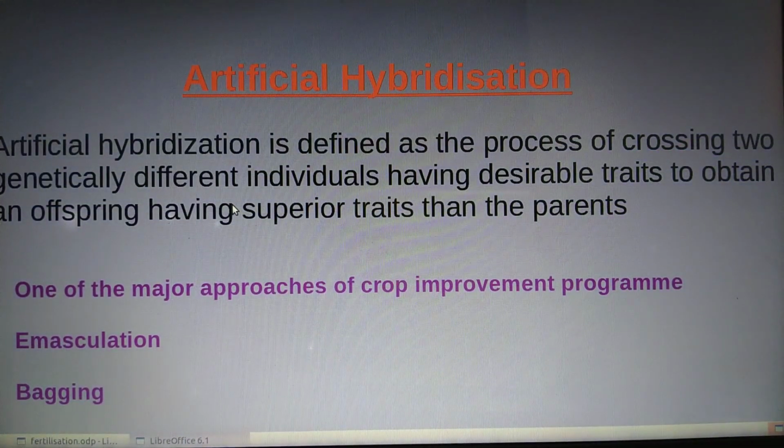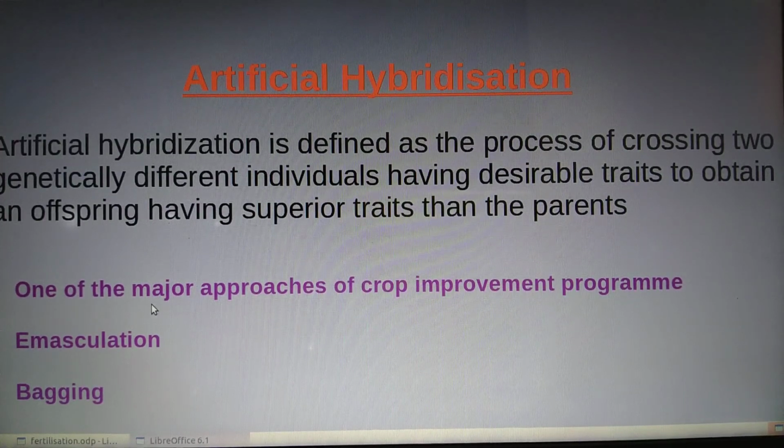One more concept we are going to discuss now is artificial hybridization. Artificial hybridization is defined as the process of crossing two genetically different individuals having desirable traits to obtain an offspring having superior traits than the parents.